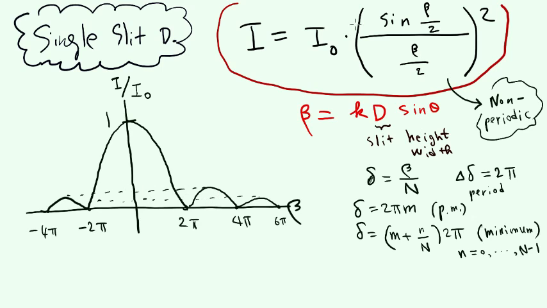And if you actually plot this function using Wolfram or something like that, you can see that the second maximum peak here is about 0.05, about 5% of the principal maximum at the center here. And then the next one, the third maximum here, is about 2%.